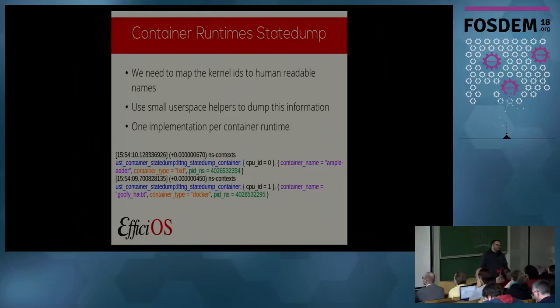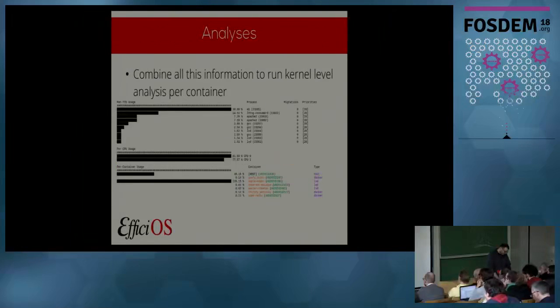You need to write a helper for each kind of container you're running on your system that will dump this information inside a user space trace, which can then be combined with a kernel trace and run through some analysis script. Here I wrote a basic implementation that outputs events, and you can see we get the container name and the container type, and its PIDNS that we can use to correlate with the events we saw before.